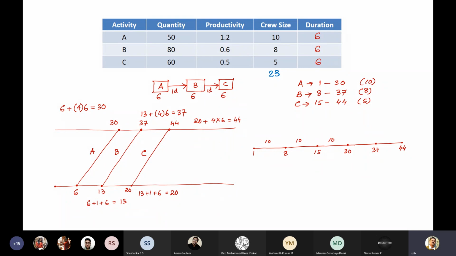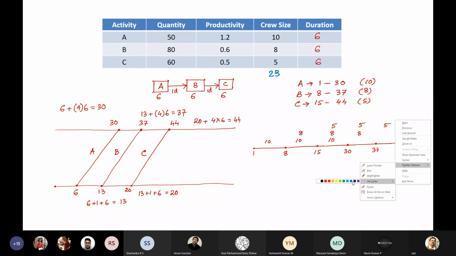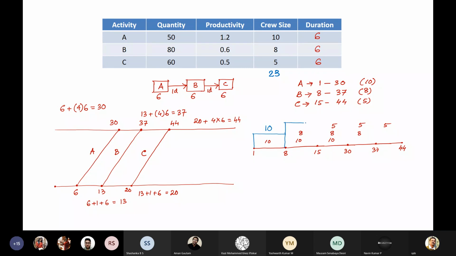And from 8 to 37 it is 8, 8, 8. And then from 15 it is 5, 5, 5, and 5. So let me take some other color. Then this is 10. This is 18. This is 23.